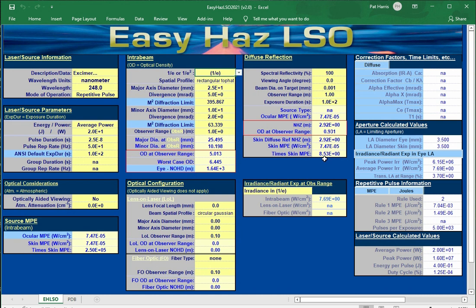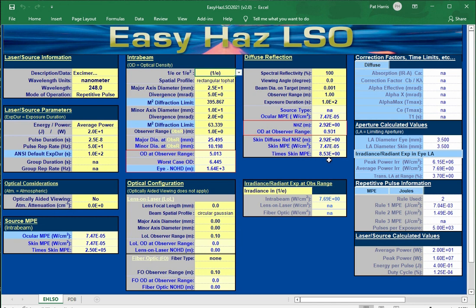Skin MPE is 8.53 for this particular analysis, and looking at a 100-second exposure duration, this time based on the MPE, comparing it to the irradiance of the laser from a diffuse reflection, 8.53.